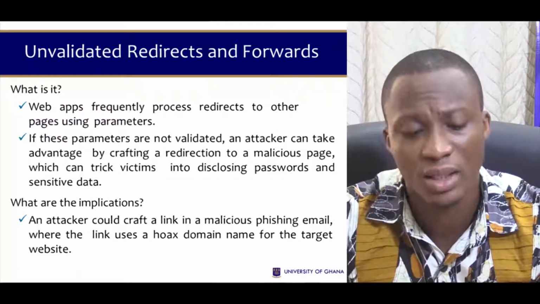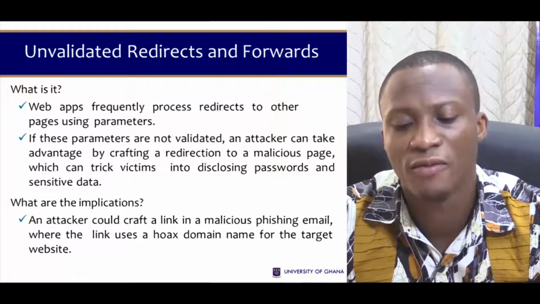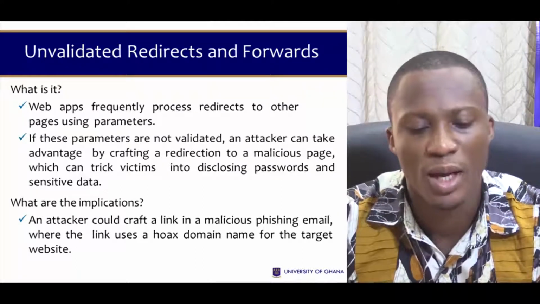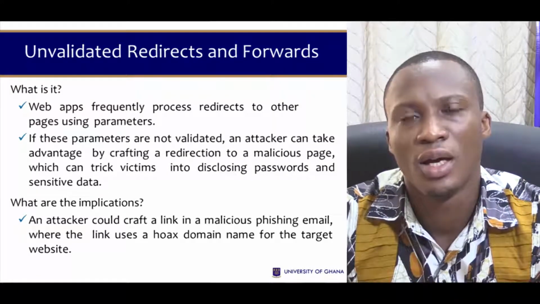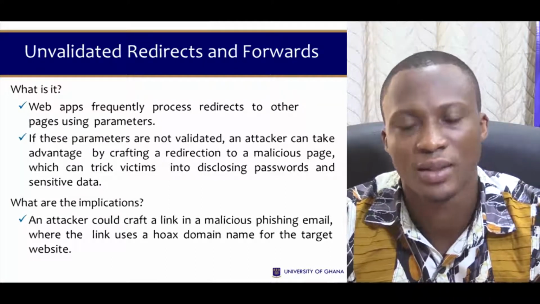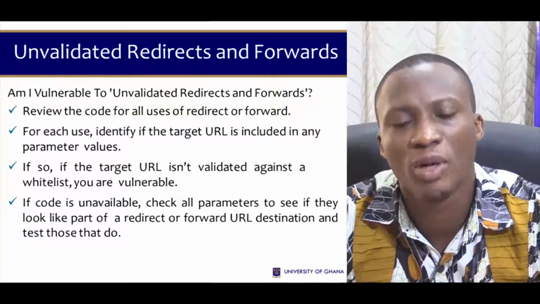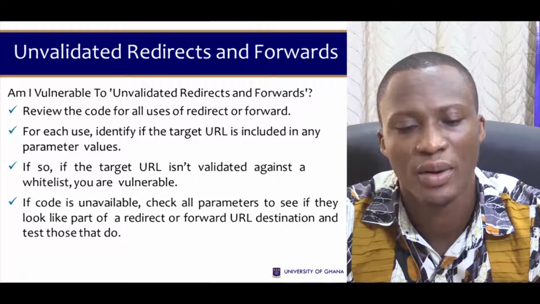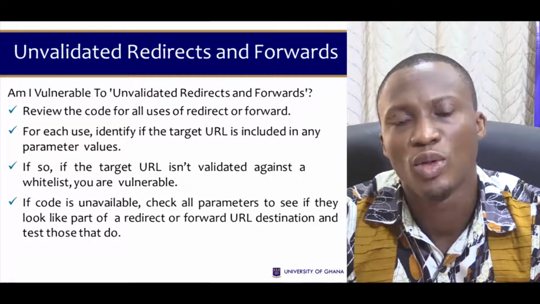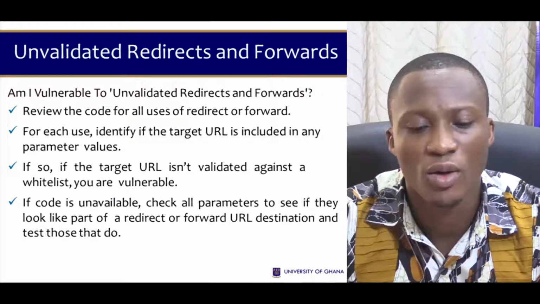Now, what are the implications? An attacker could craft a link in a malicious phishing email where the link uses a host domain name for the target website. How do we check whether you are vulnerable to unvalidated redirects and forwards? You need to review the code for all uses of redirect or forward.